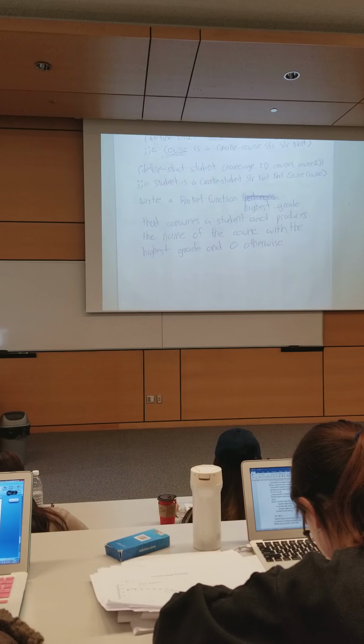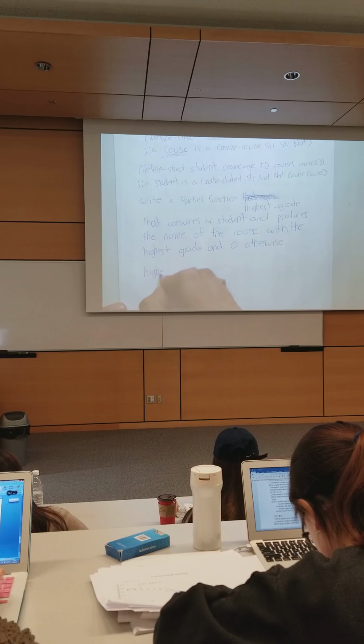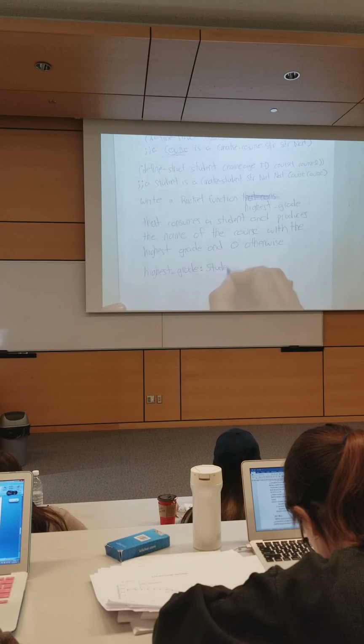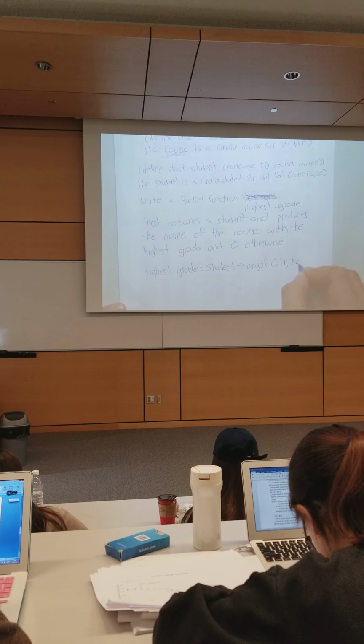So we're writing a function that consumes, well, let's write the contract. What's the contract for this function? We have highest grade, and it consumes a student, and it produces any of Str, Nat.